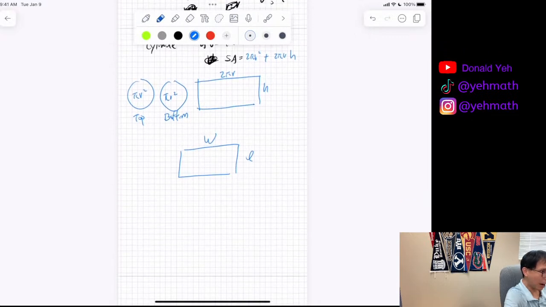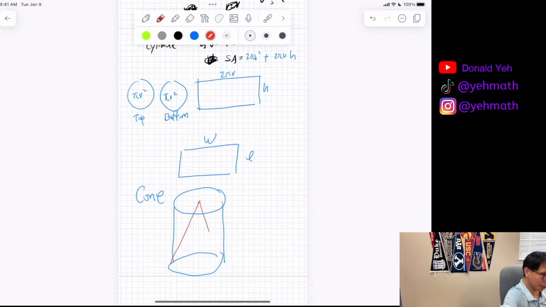Okay, so what is a cone though? The cone is 1/3 of a cylinder. Imagine there is a cylinder with the same height and the same radius. The cone is exactly 1/3 of it, so it's equal to 1/3 pi r squared h.